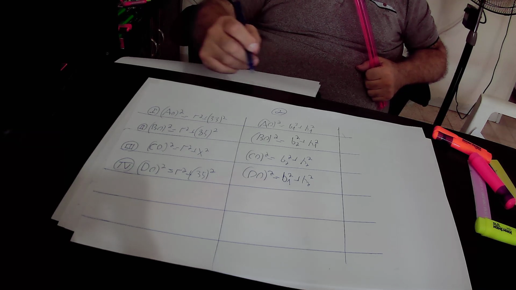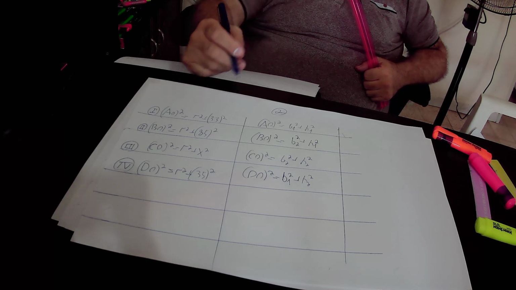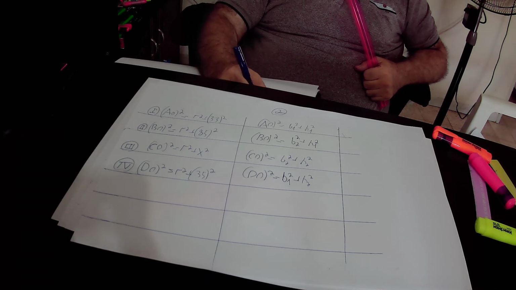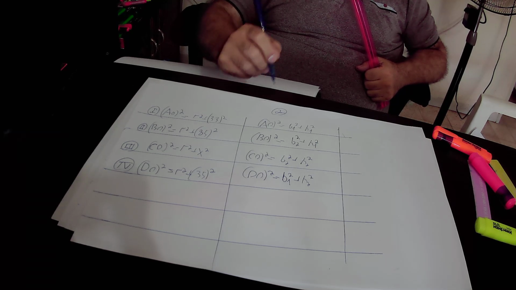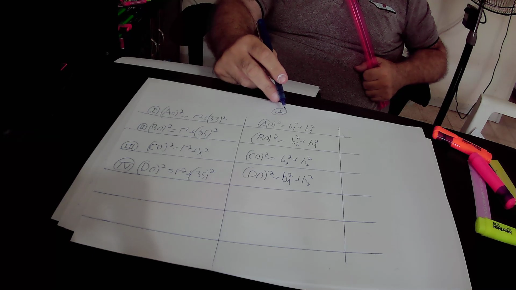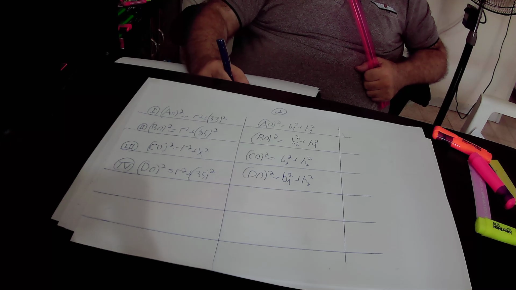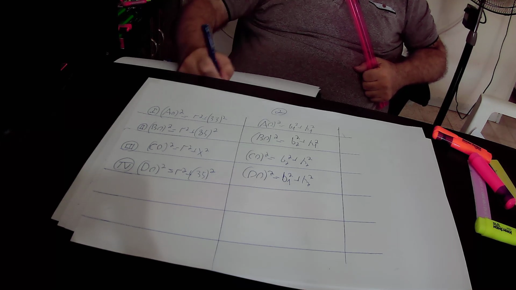That is to say, R square plus 33 square must be equal to A whole square according to this expression, that is equal to B1 square plus H1 square.